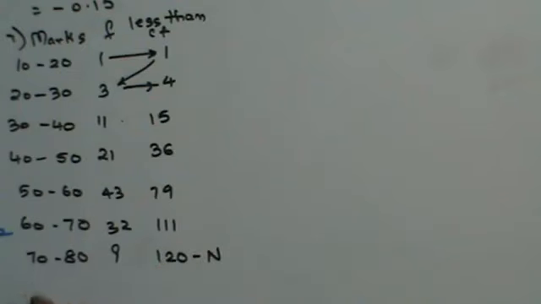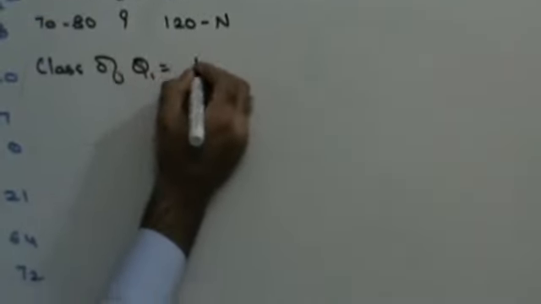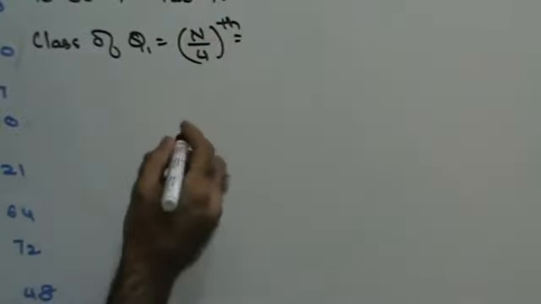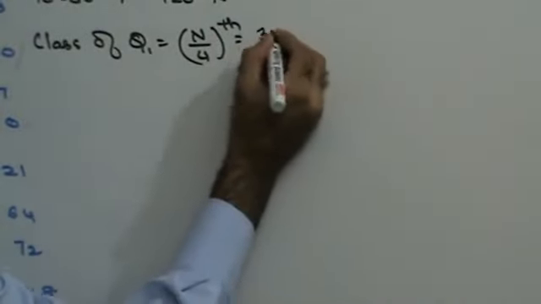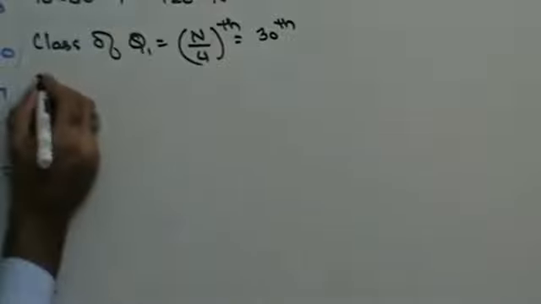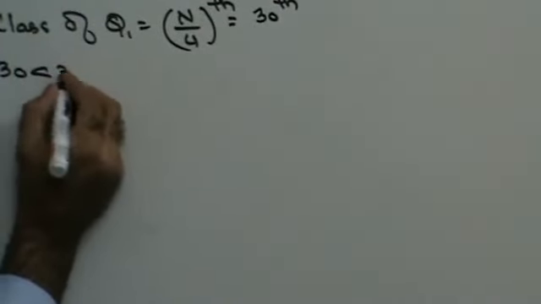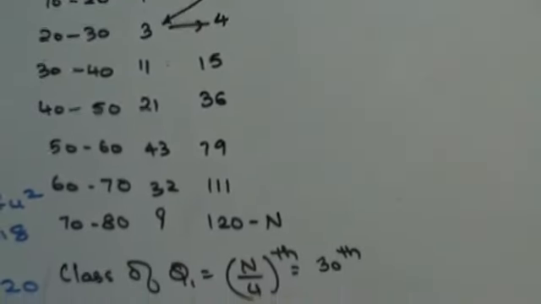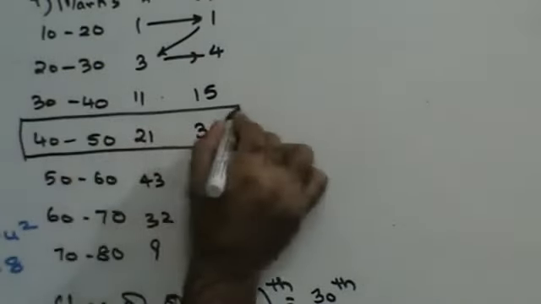First you find the class of Q1. Class of Q1 is the n upon 4th term. 120 divided by 4 is the 30th term. Now check: 30 is less than which number in the CF column? 30 is less than 36 in the CF column.